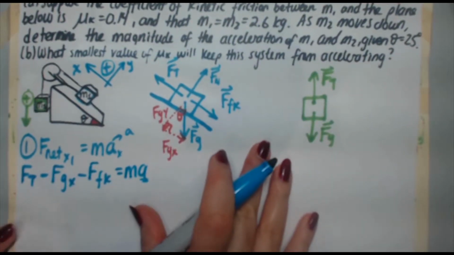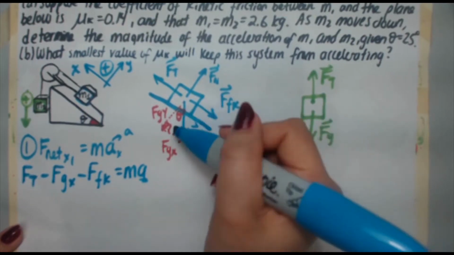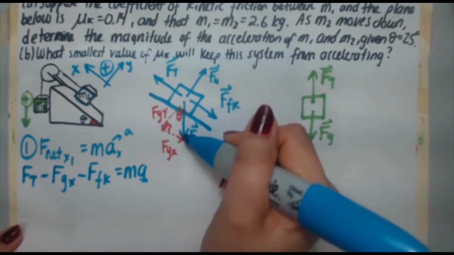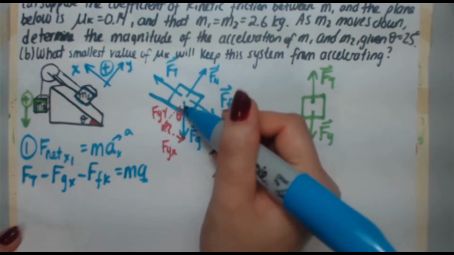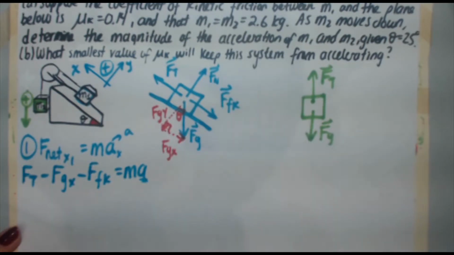Okay, so now Fgx, notice that you've got a right angle triangle here. First thing you should think of when you see a right angle triangle is SOHCAHTOA. Okay, and SOHCAHTOA requires the hypotenuse here, right? Sine, cosine, tangent.